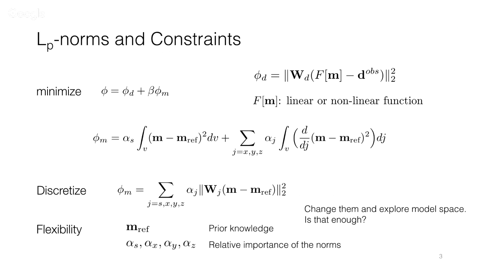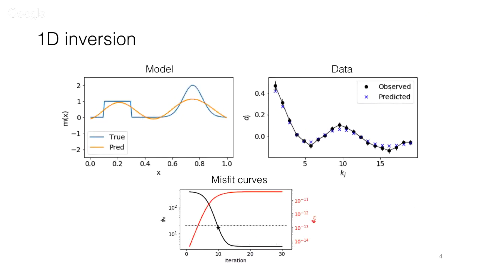Is that enough or not? That's still a question. But I'm going to show you that we can actually do more by simply changing the sum. So let's go back and take a look at what we've done so far.